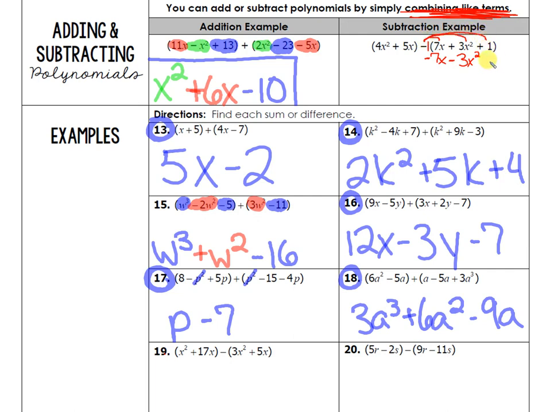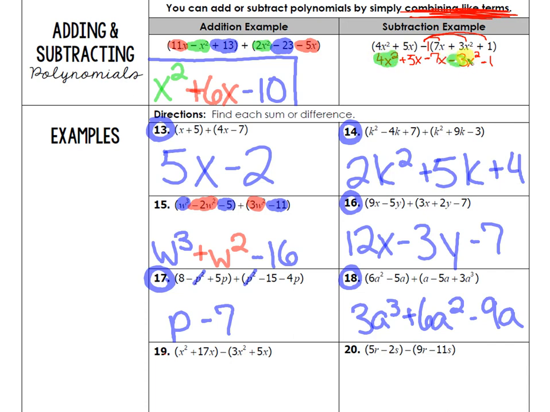Subtracting negative 1 is really, subtracting a positive 1 is really like saying negative 1. I didn't do anything to change that problem up top. But if I take a second and distribute that minus sign, that negative, it makes combining my like terms a lot simpler.